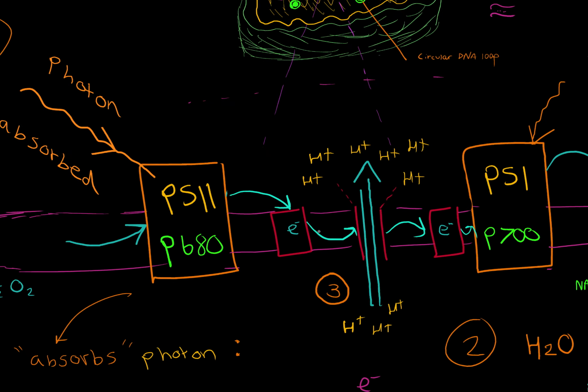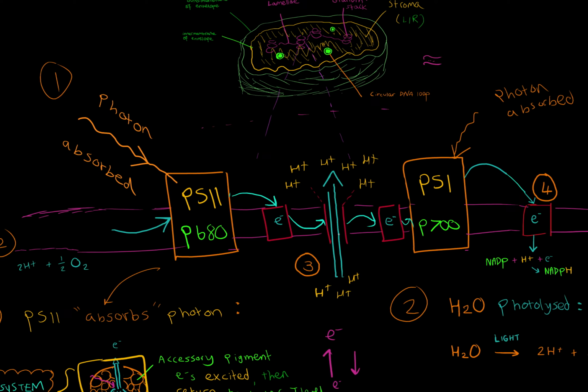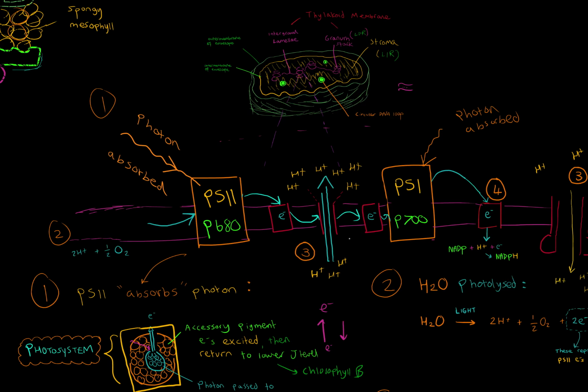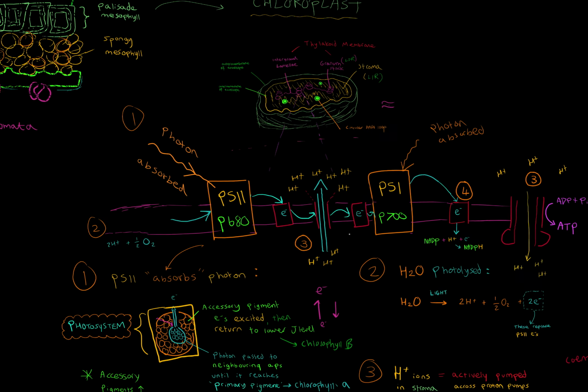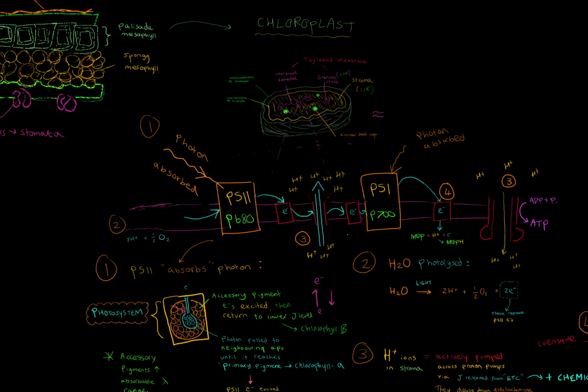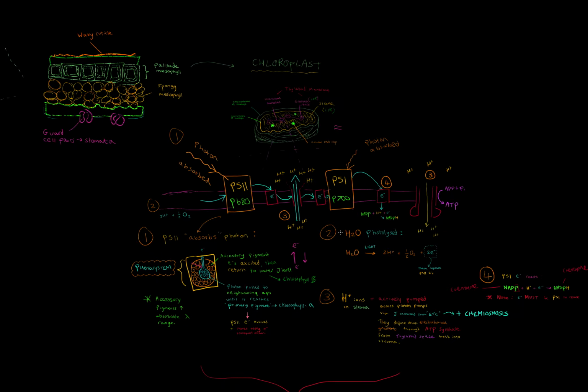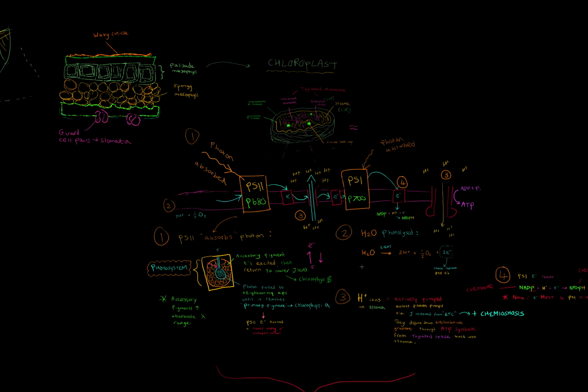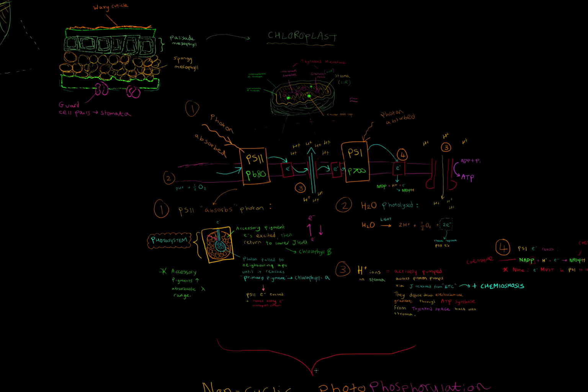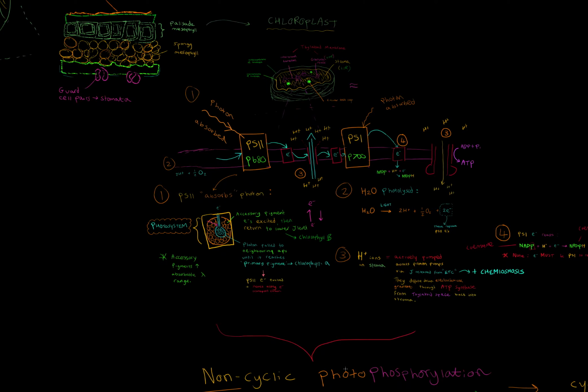And this diagram haunts students when they see it. It is very intimidating. There's a lot going on here, but this whole diagram is basically the whole of the light dependent reaction, and we call this non-cyclic photophosphorylation.